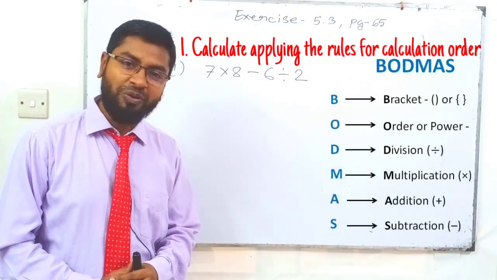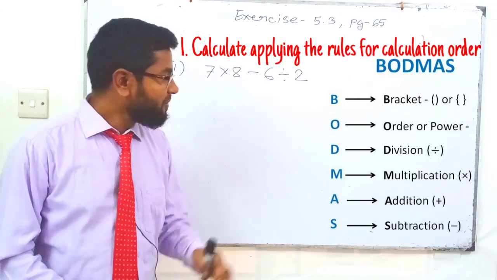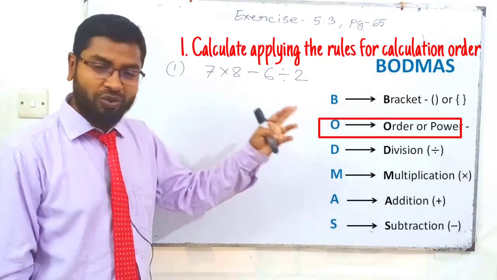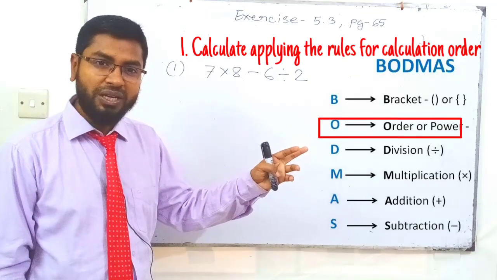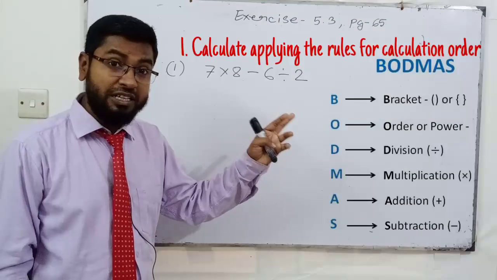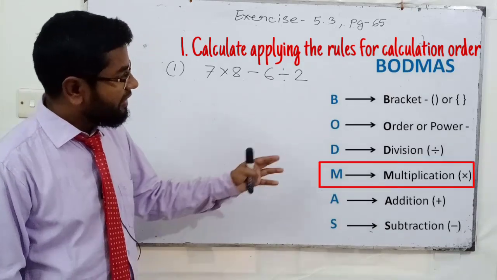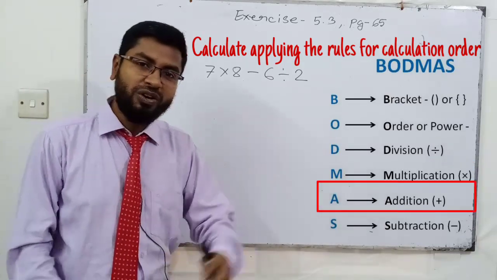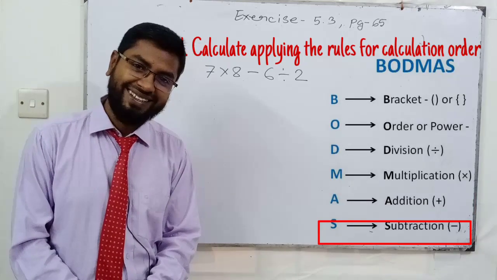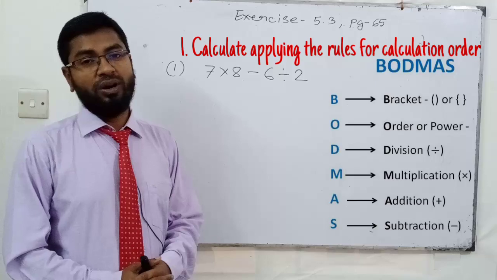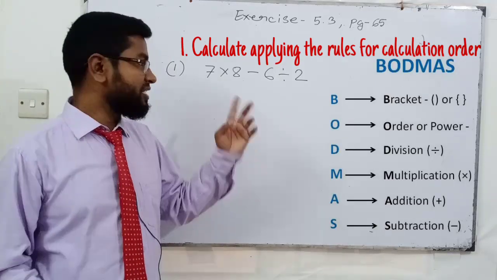What is the full form of BODMAS? B for bracket, O for of, D for division, M for multiplication, A for addition, S for subtraction. With this order we will calculate this math.